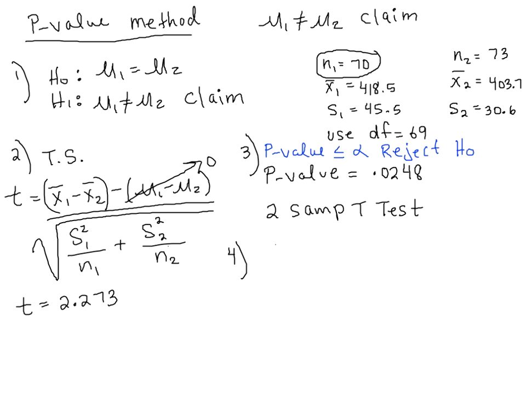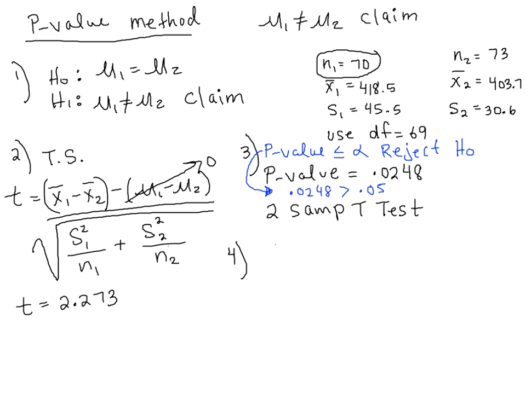Now, was that the case here? So our p-value, 0.0248, and our alpha, I think alpha was 0.05, right? All right, so definitely less than alpha. So yes, we're rejecting the null hypothesis.